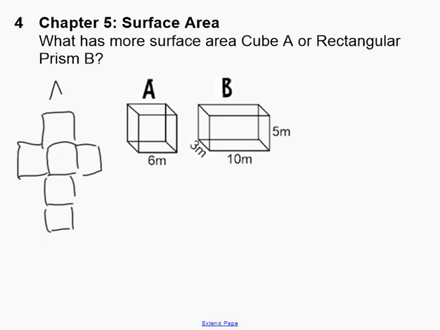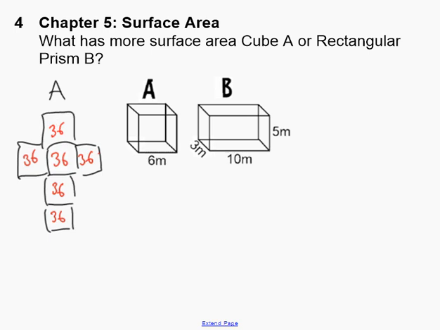So when I make the net of A, this is going to be the cube. Each of those faces is a square, and each square would have an area equal to its side length squared, because the formula for a square is side squared. So each of those faces would have an area of 36, because 6 squared is 36, and there's 6 of them.